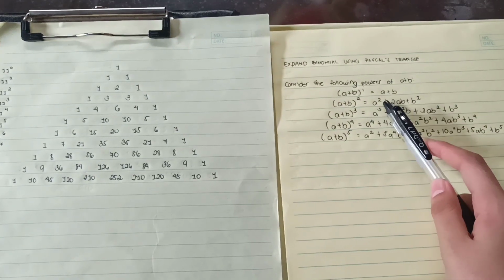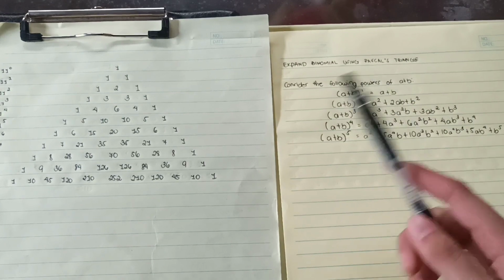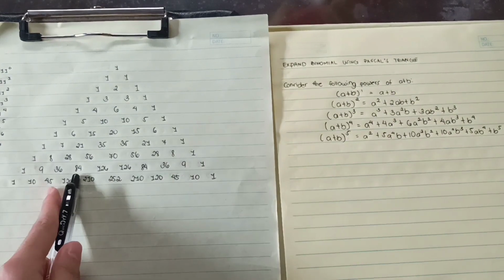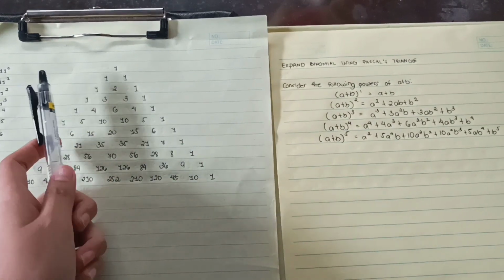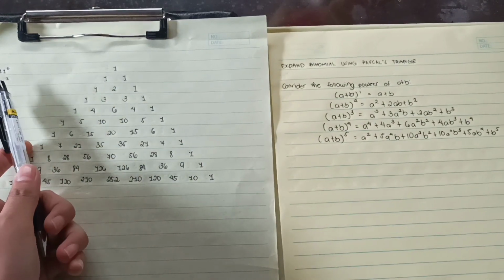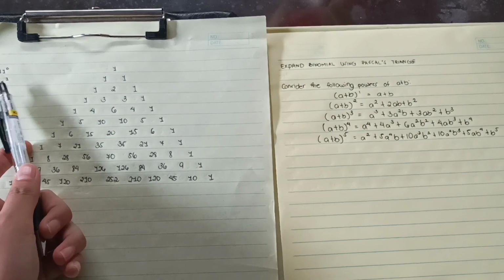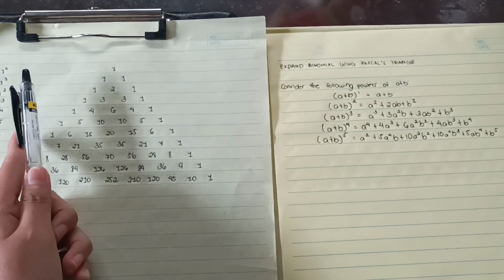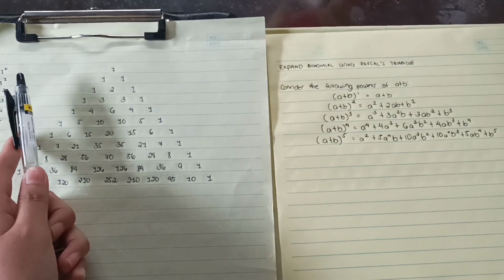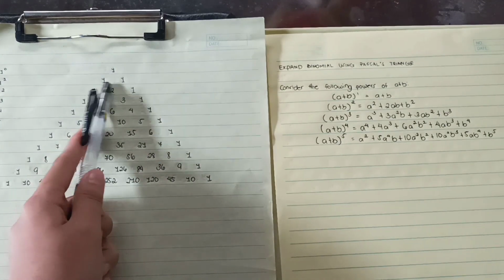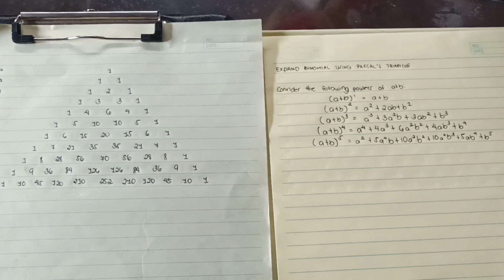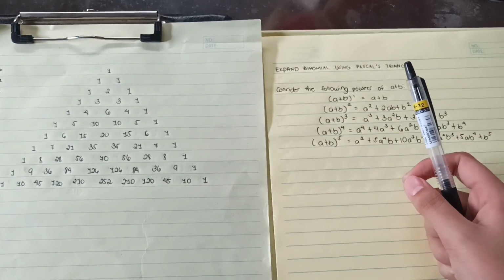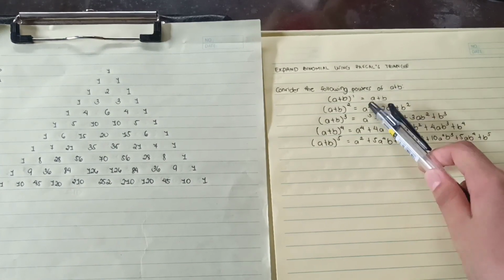How did I get this? Simply take a look at our Pascal's triangle. Here, as you can see, the exponent of our first binomial is 1. So we will use this row, which also has the exponent of 1. 1a plus 1b, or we can simply write a plus b.